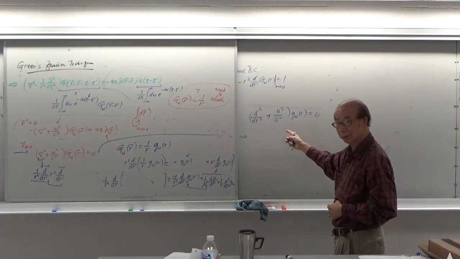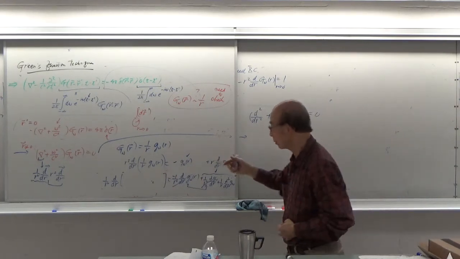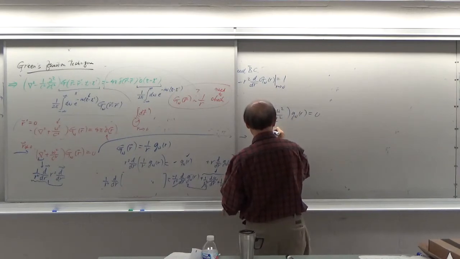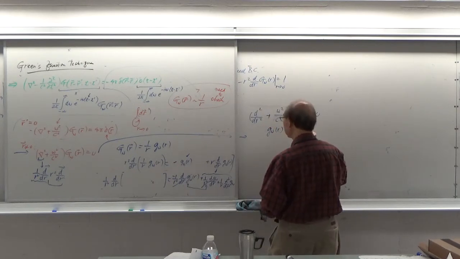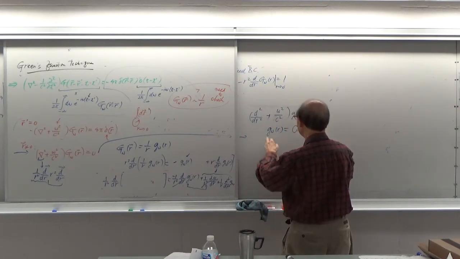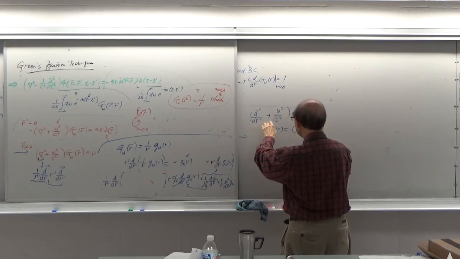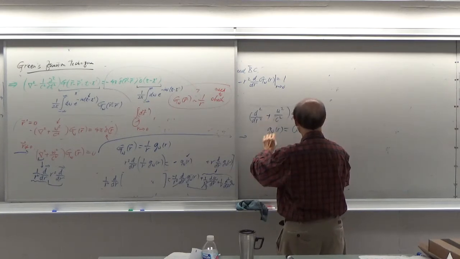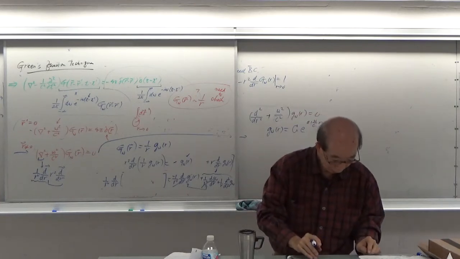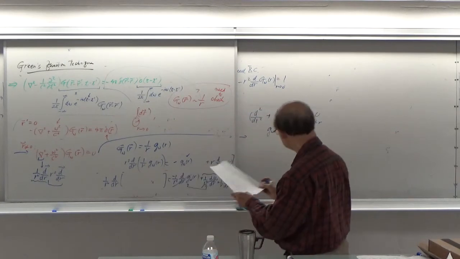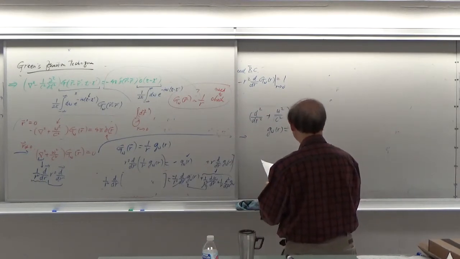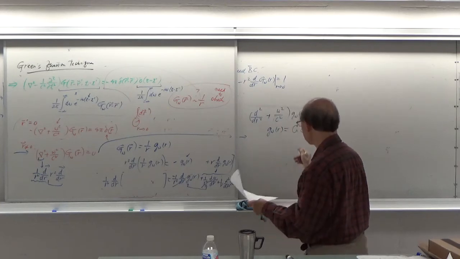Now this is simple, a second order differential equation. The solution is immediate. Small g omega of r is, up to a constant factor, e to the plus or minus i omega over c r, if I am not mistaken.